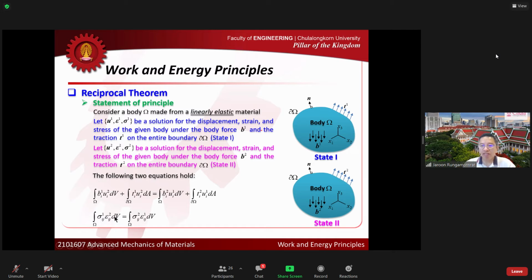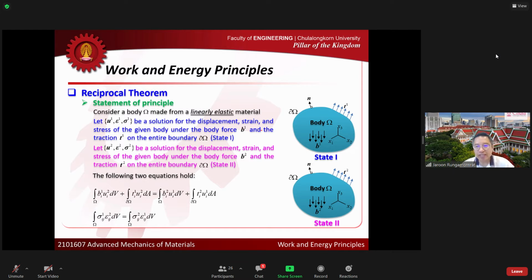The same thing for the internal work done. The internal work done due to stress from the first state, where the strain is from the second state, is exactly the same as the work done due to the stress from the second state, where the strain is from the first state. Okay.